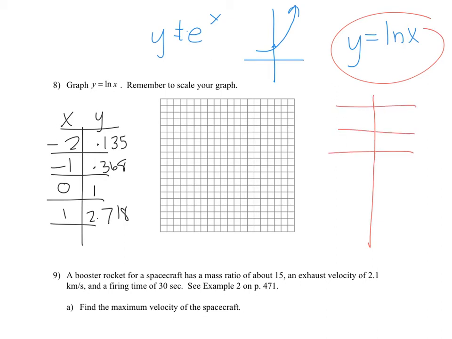Remember the inverse function, the x and y flip around. So it's going to be 0.135 and negative 2, 0.368 and negative 1, 1 and 0, and 2.718 and 1.